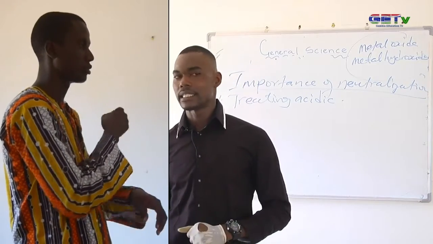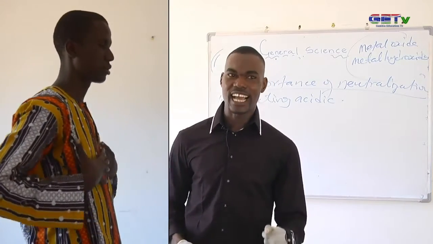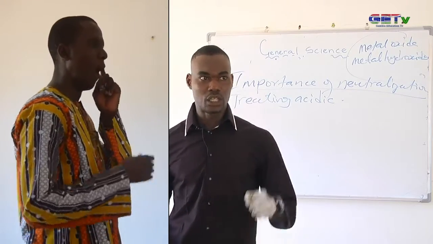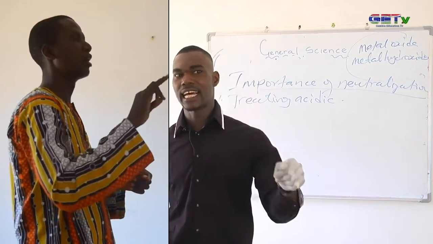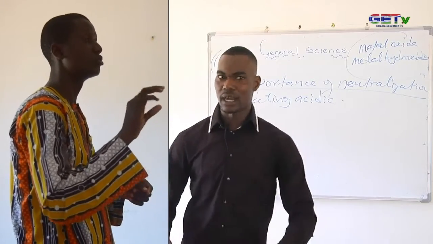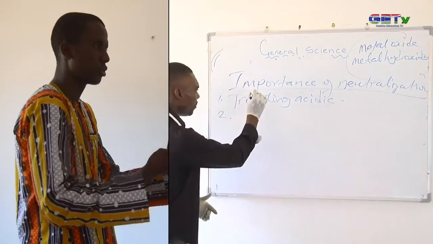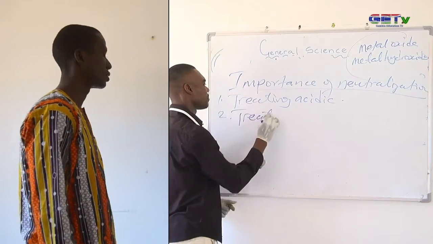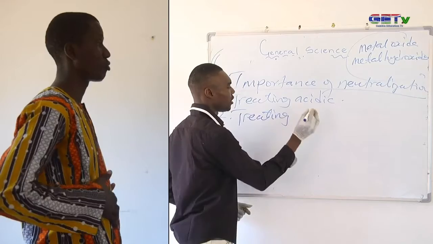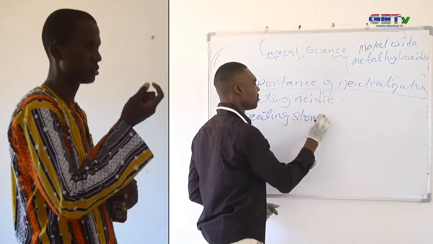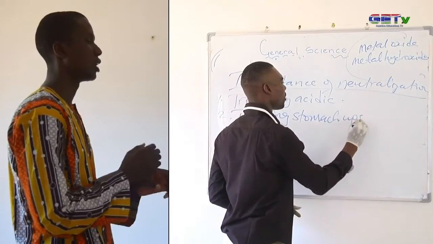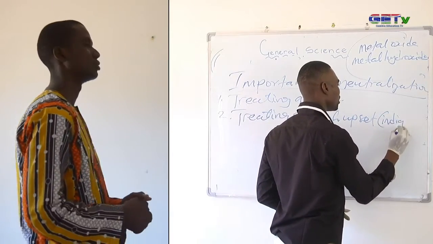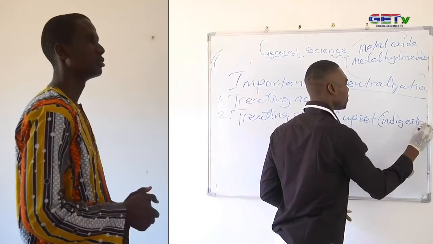Anti-acid tablets contain bases such as magnesium hydroxide and magnesium carbonate to neutralize the extra acid. So in brief, the importance of neutralization is also applied in treating stomach upset, which we refer to as indigestion.